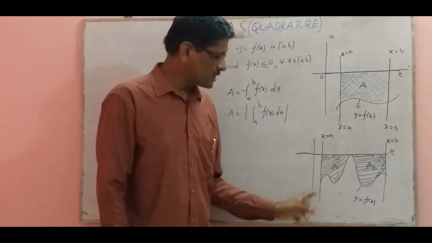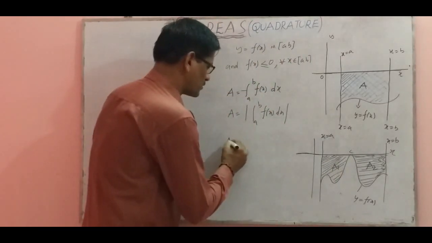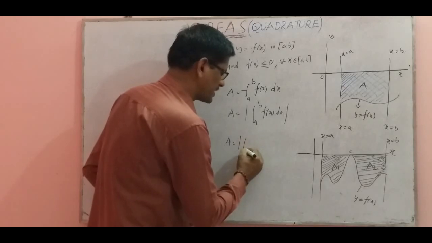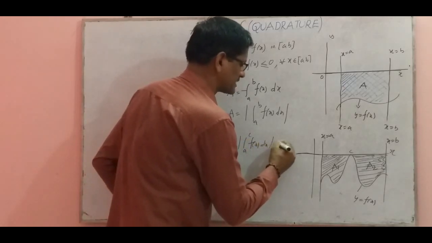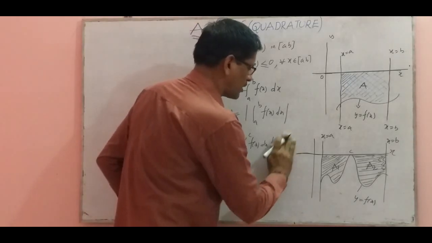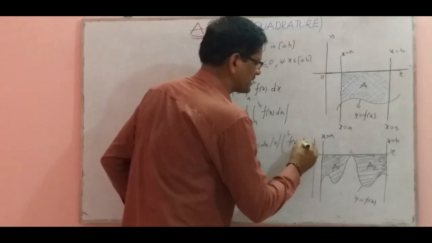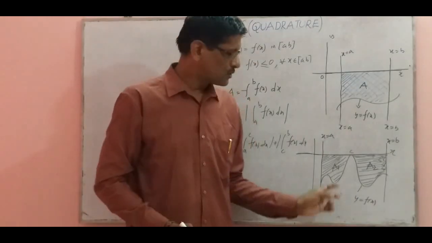So area is equal to modulus integral a to c f of x dx plus modulus integral c to b f of x dx. Two regions forming a summation of the two areas.